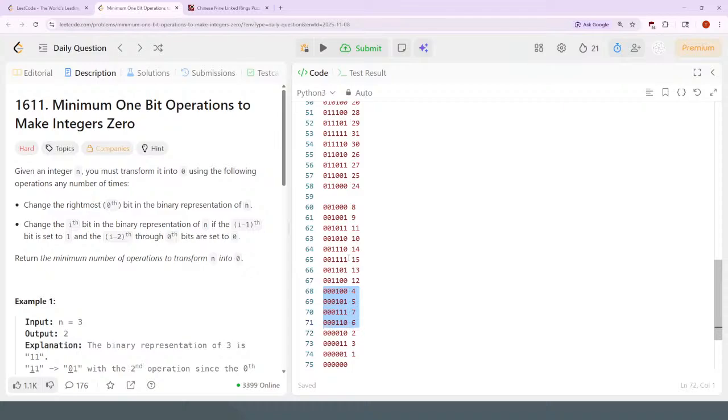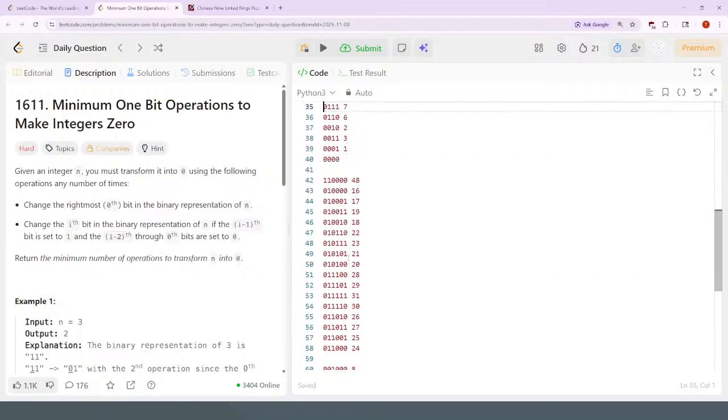Yeah, 4 to 7, and then 2 to 3, and then 1. Or 7 to 4, 3 to 2. 1, 1, 0.